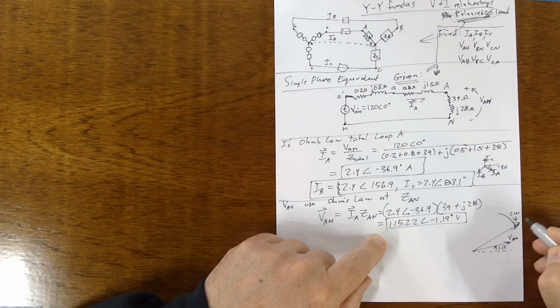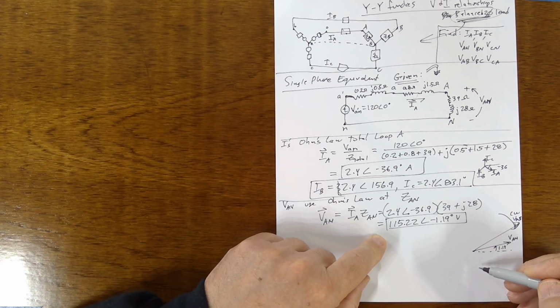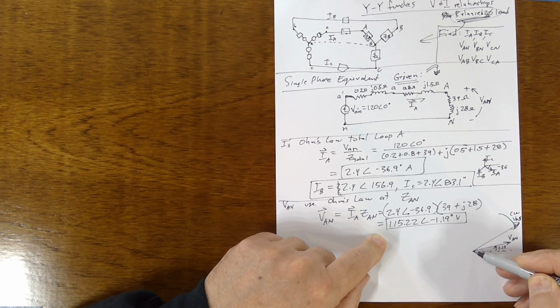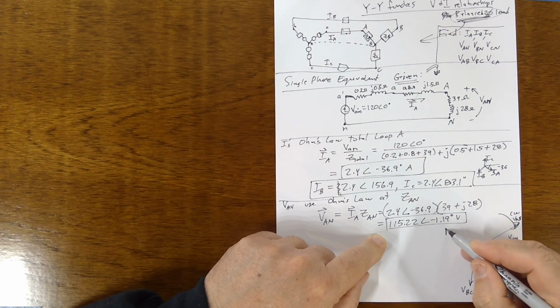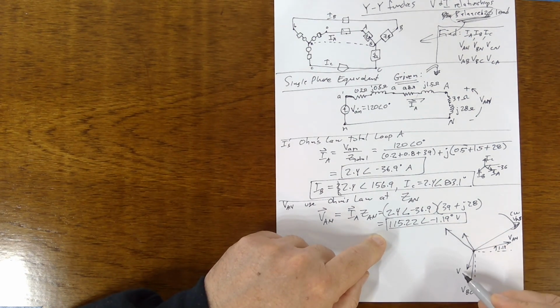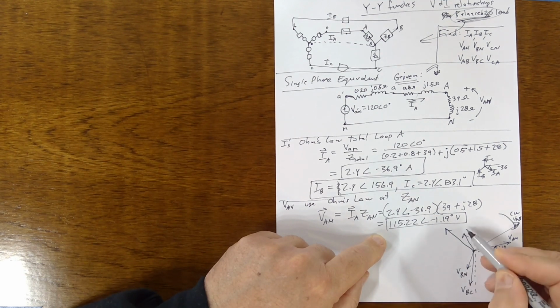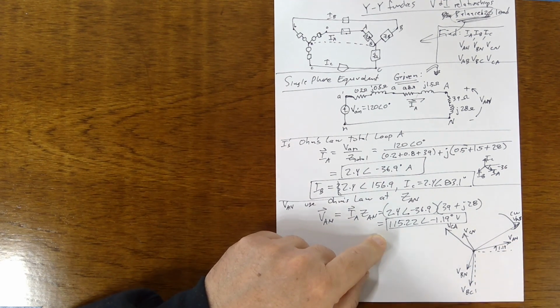This is AB, rather, and then this one's a little bit after the vertical here. So this is V_BC, and then this is V_BN, this is V_CN, this is V_CA, and this is V_BC.